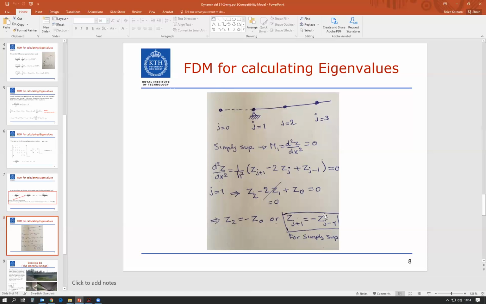This is how we can get an expression for the fictitious points that lie outside of the beam. The same thing if we have a clamped end: instead of an equation for the moment equal to 0, we put an equation for the slope equal to 0. Then we replace the slope with its derivative approximation, and we can get a relation between the point outside and the point inside in the same manner.